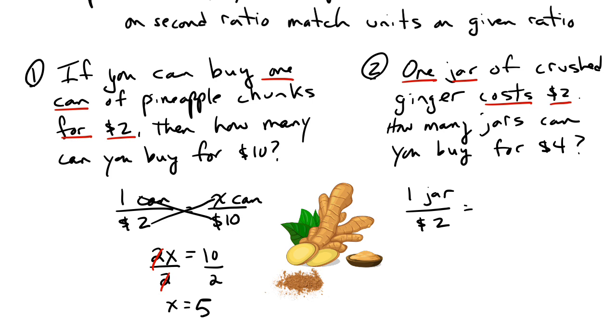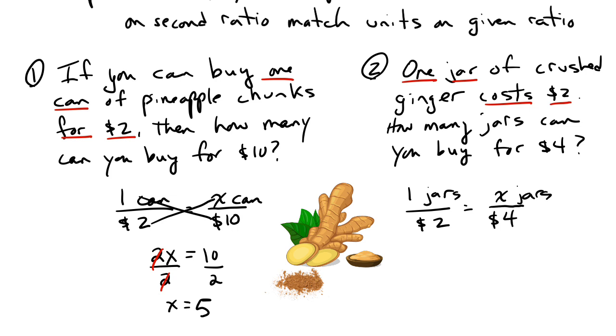So when I set up my proportion, my second ratio has to be jars over dollars. We're trying to find out how many jars, so that's going to be our X, and we want to pay $4. We're buying for $4. So now we cross multiply.